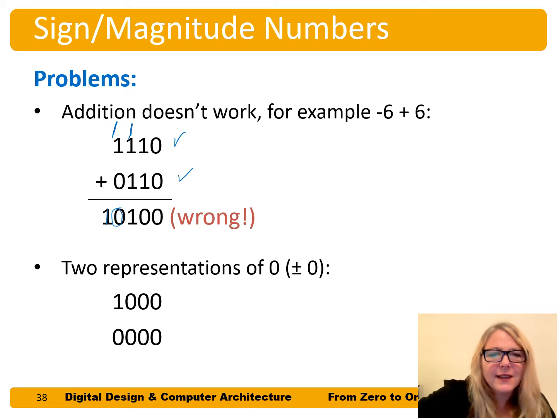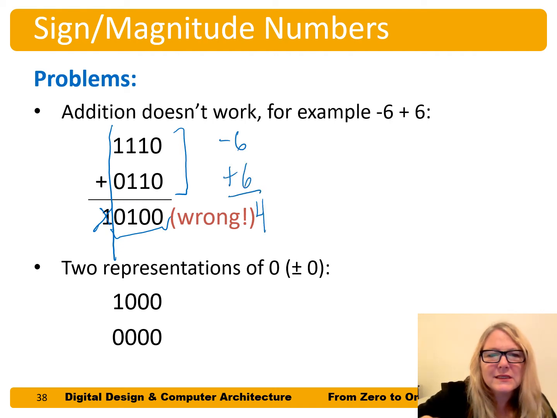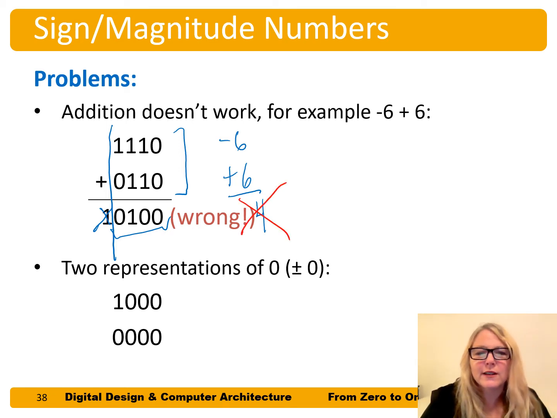Ugh, that's just wrong, right? We would ignore that carry out still. But 4-bit addition, 4-bit result, we had 4-bit operands. Here's our result. Minus 6 plus 6, and we got 4? Wrong. It just doesn't work.